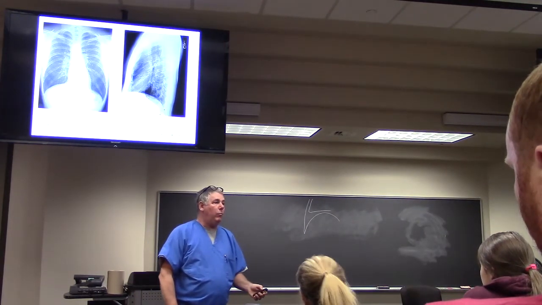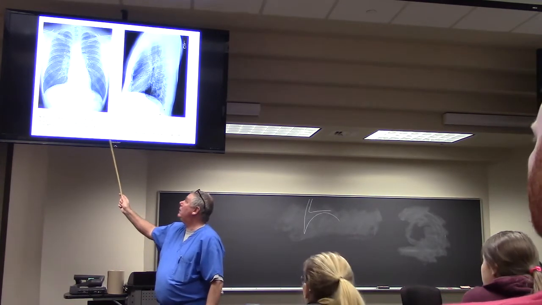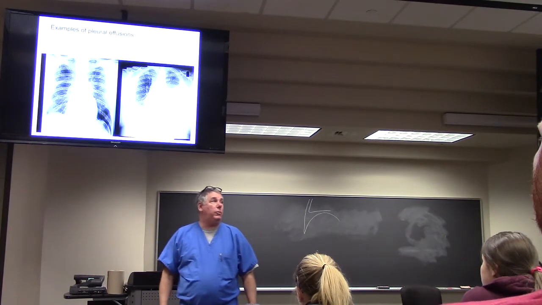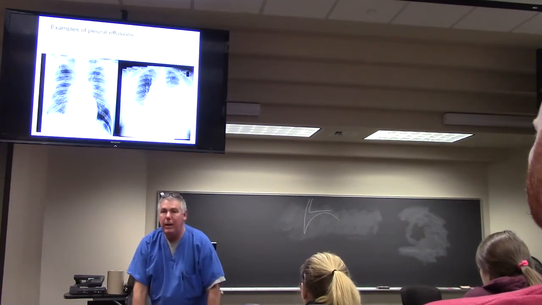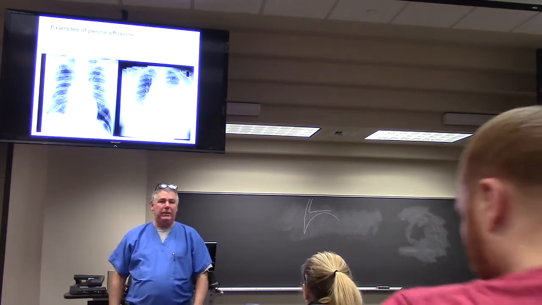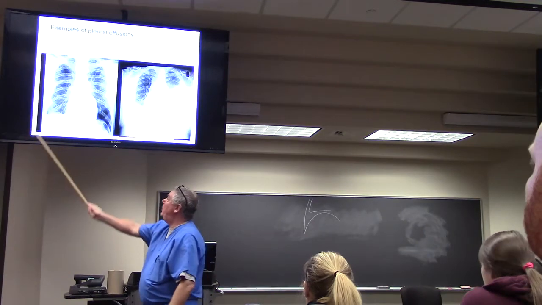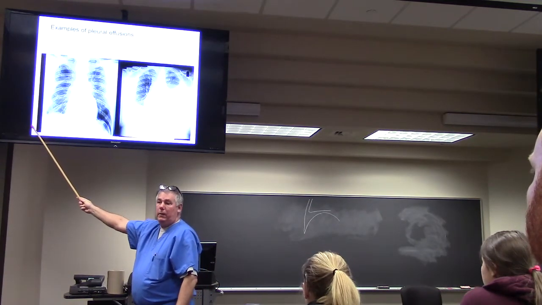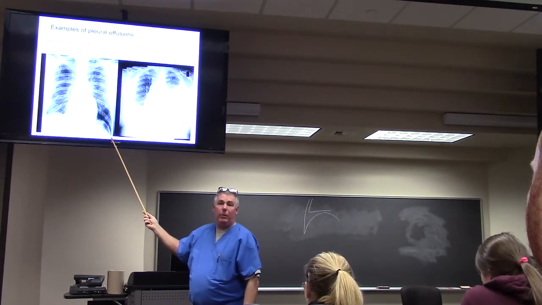Now if you're standing up, where's fluid going to go? Down. It's going to go in these angles, which is what happens here. By the way, a chest x-ray, when you look at it, is like the patient is looking at you. So this is the patient's right. If you look at the left, the angle here is sharp.